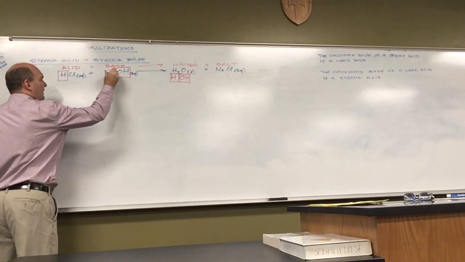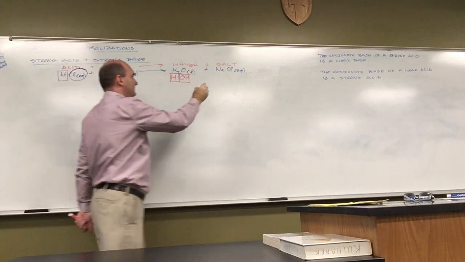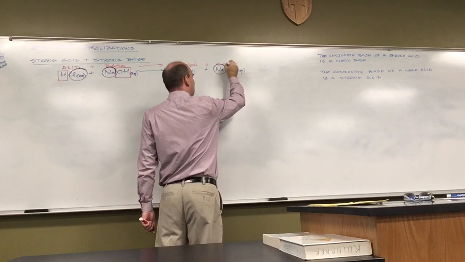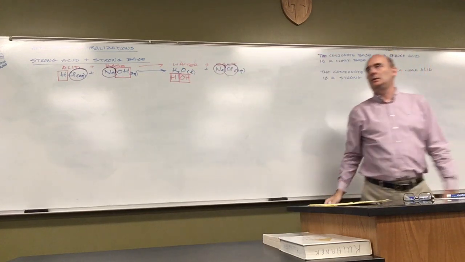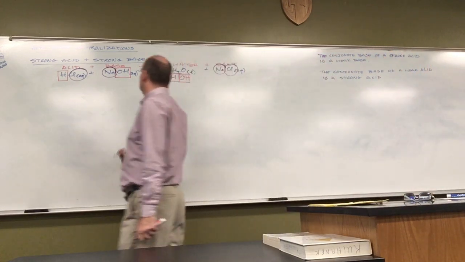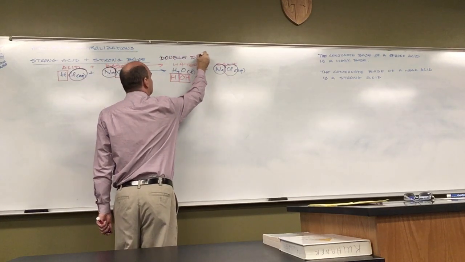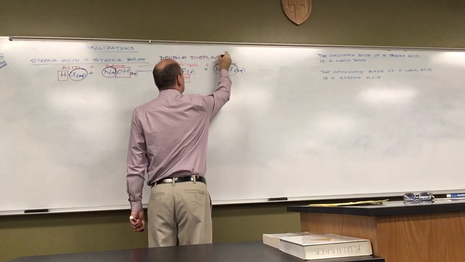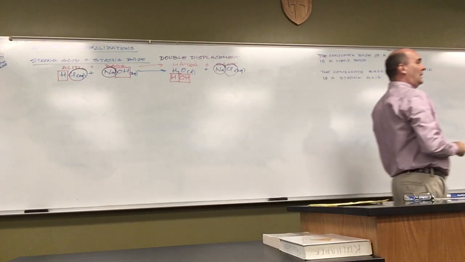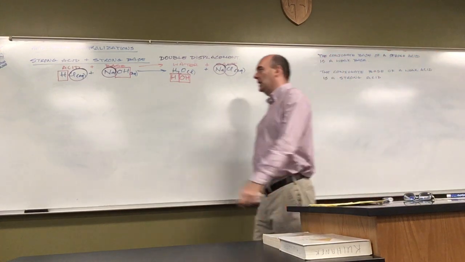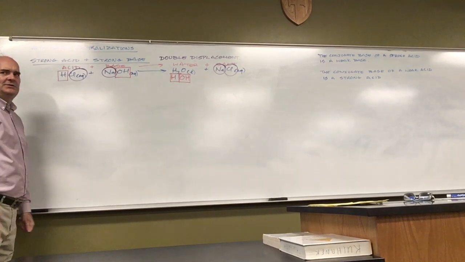And then you take the front of the base and the rear of the acid and you combine them. This is what we call a double displacement. Okay. So, NaOH and HCl come together to make H2O and NaCl.